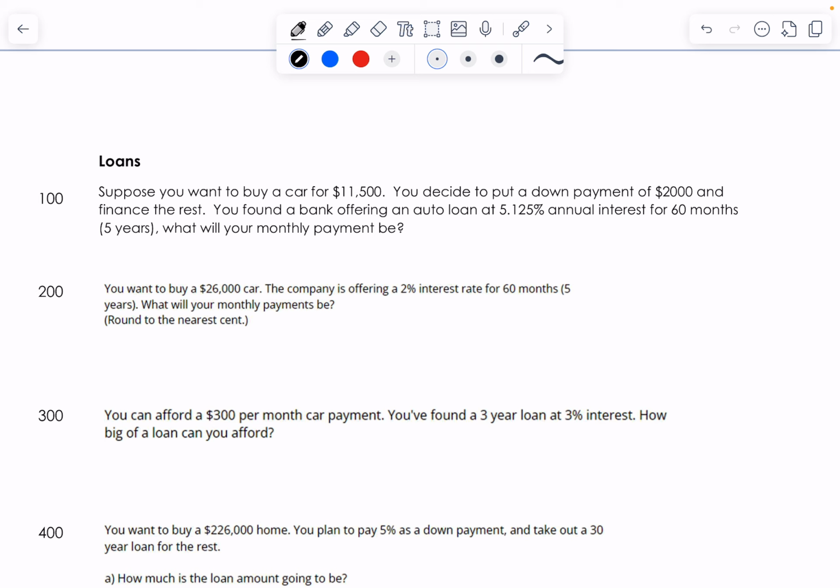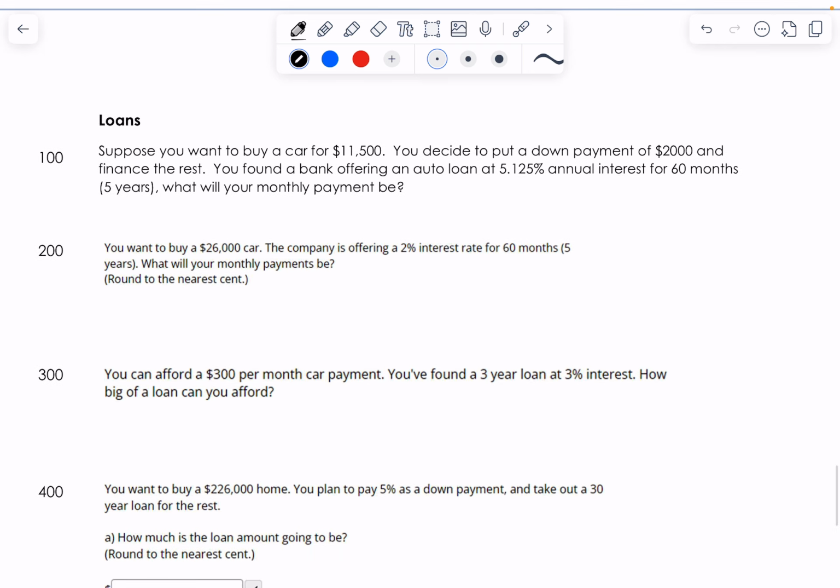So in the first one, it says, suppose you want to buy a car for $11,500. You decide to put a down payment of $2,000 and finance the rest. So the loan amount is $11,500. Oops, one extra zero, minus $2,000.